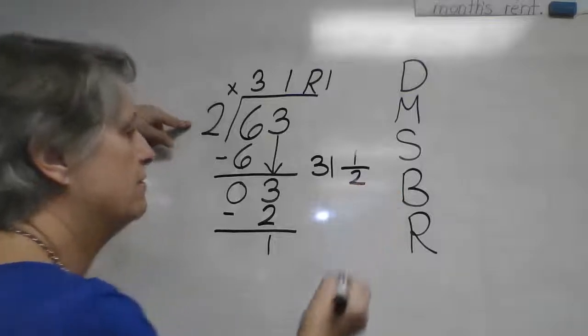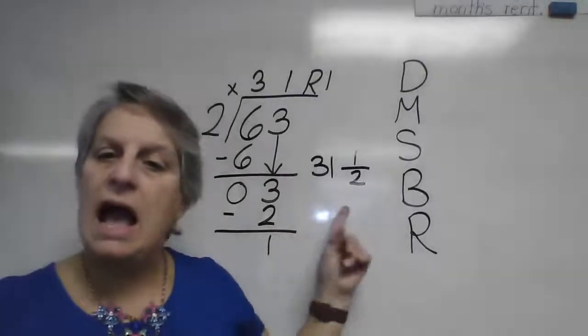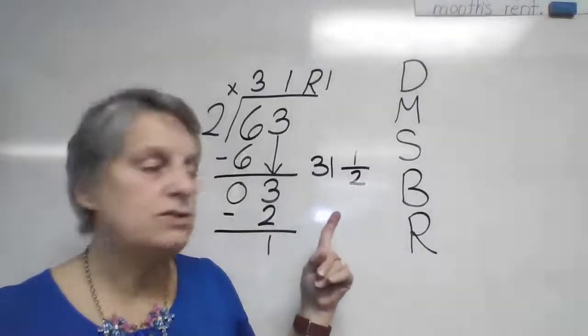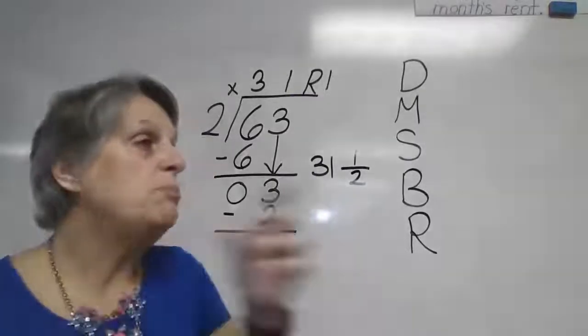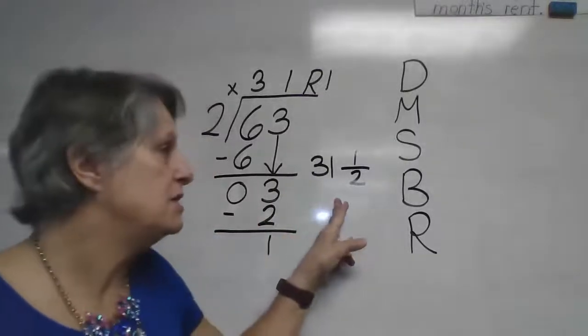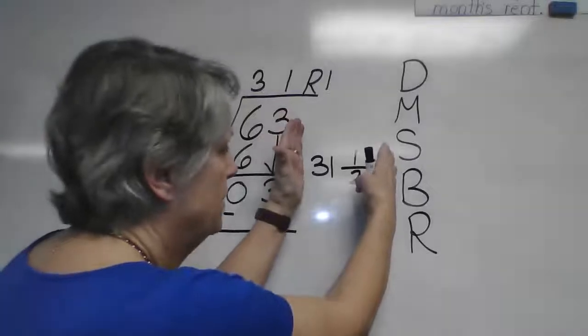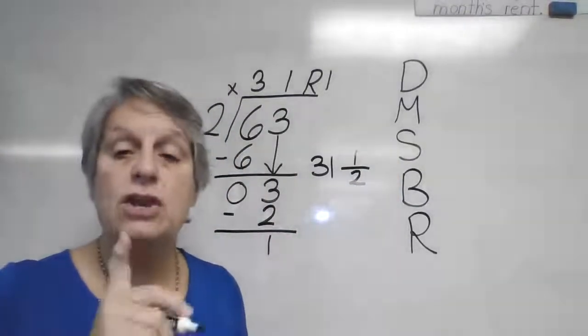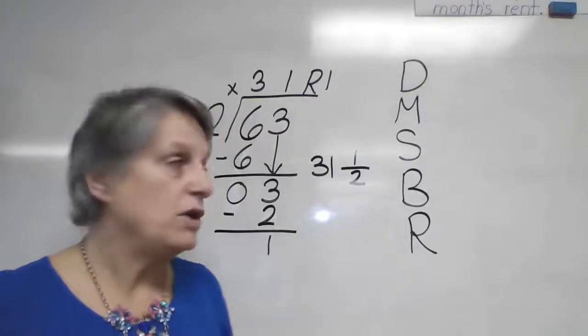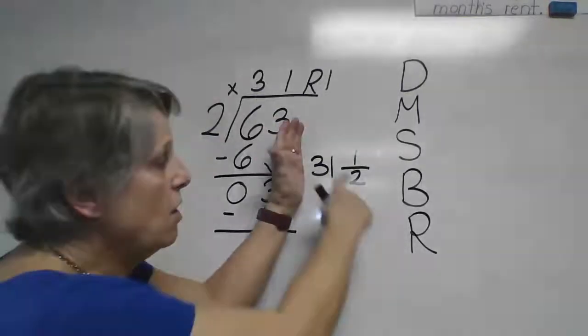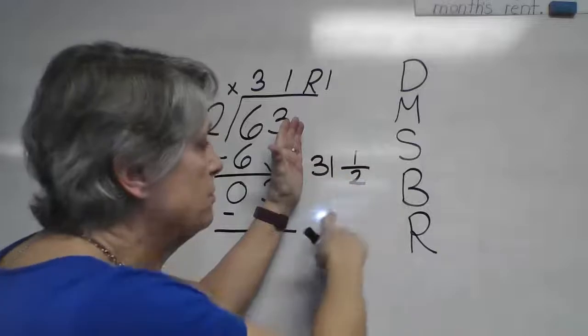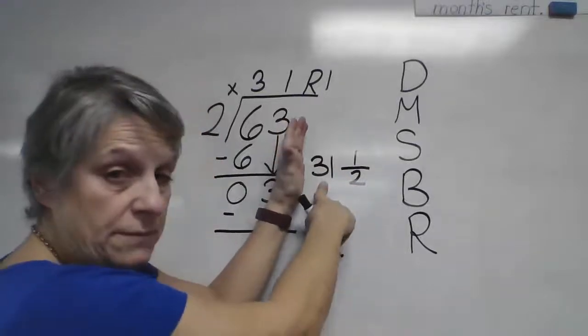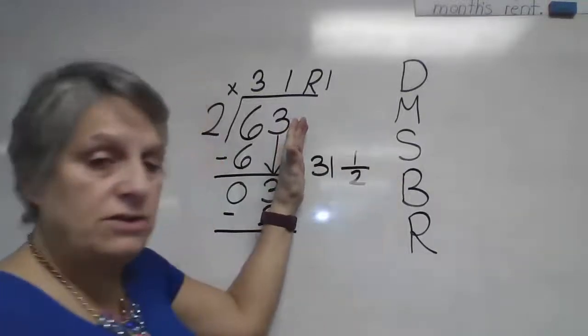31 and 1/2. Now you might be wondering, why is this so important that they learn to do this in fractions? It's important because with this number, they 100% know what the original problem was. They know when I worked with this problem, this was my quotient, and this is my remainder.